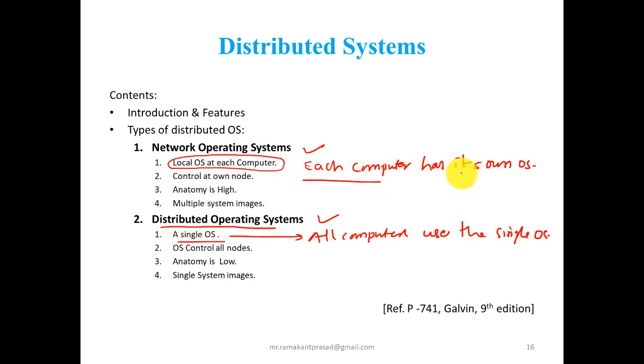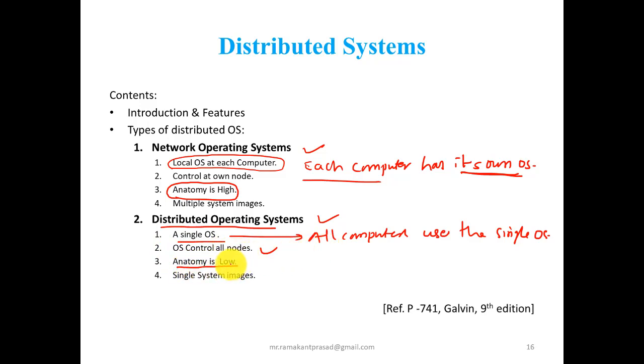Here each computer has its own OS, so autonomy is more, because every computer has its own operating system and each computer has control of its own device. Here one OS controls all the nodes, and it is a centralized control on all the computers.